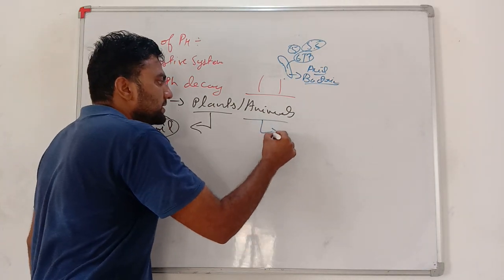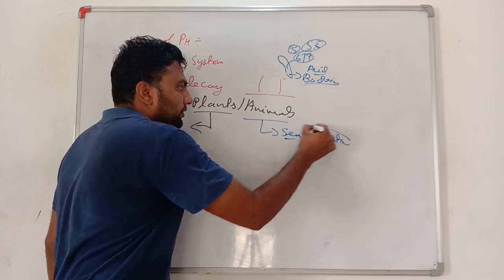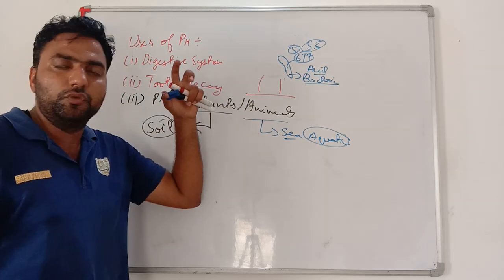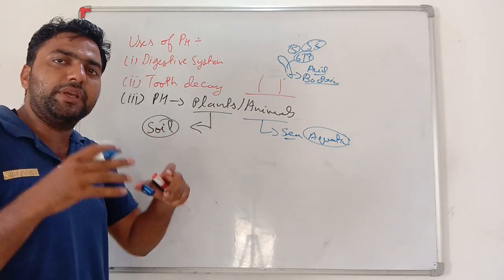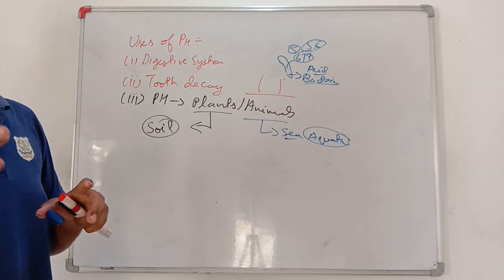Many animals, such as sea or aquatic animals, you need not throw all the stuff into the sea, or into ponds. Why? If that waste is either acidic or basic, and that goes into water, the best example is acid rain.